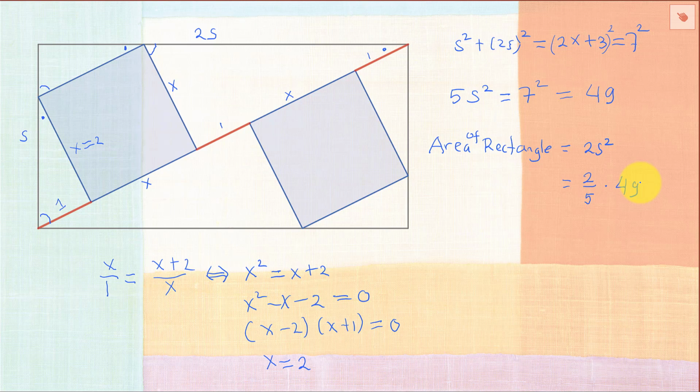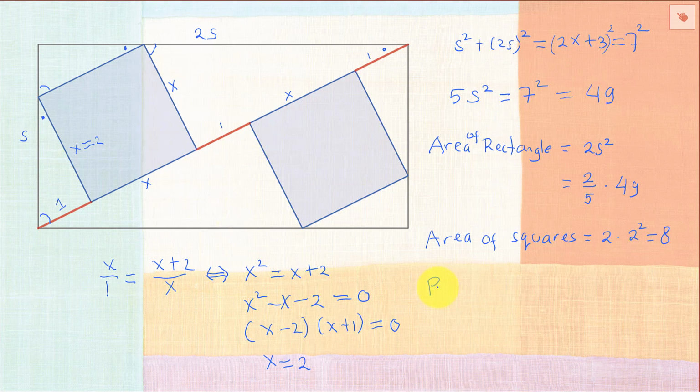And then how about the area of the squares? The area of the squares is twice x squared, because we have two squares, each of area 2 times 2, so 2 times 2 squared, which is 8.